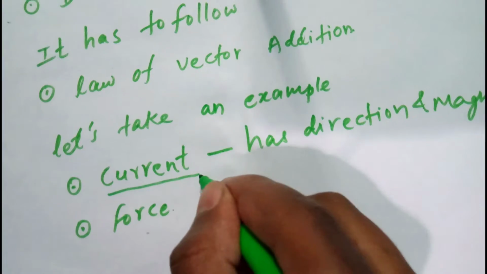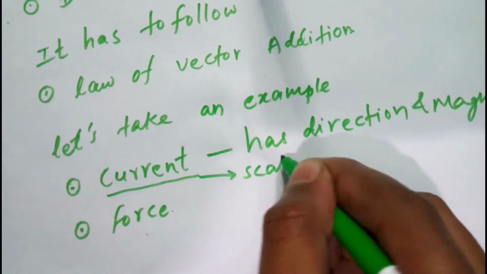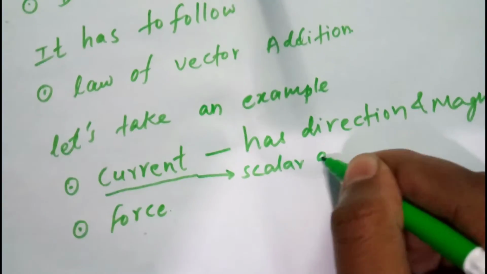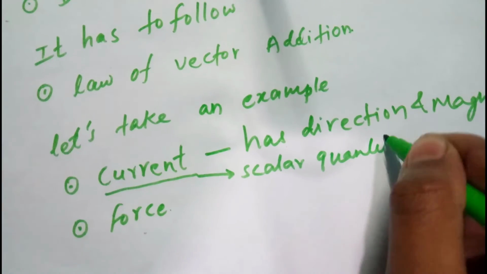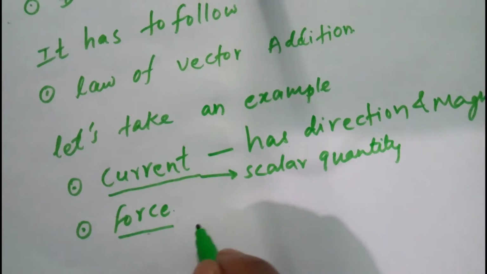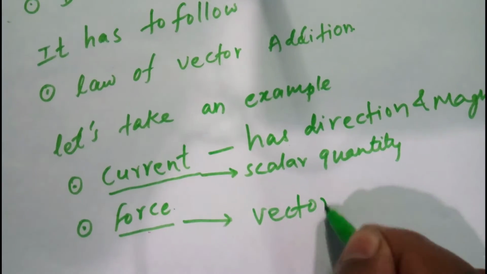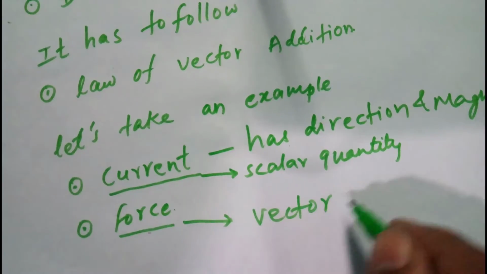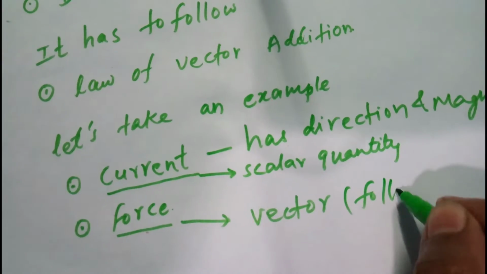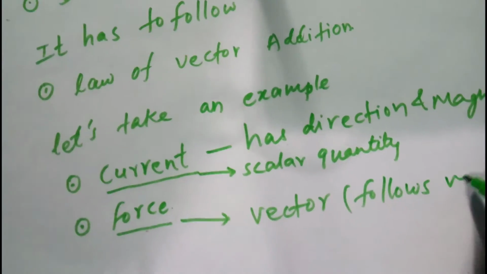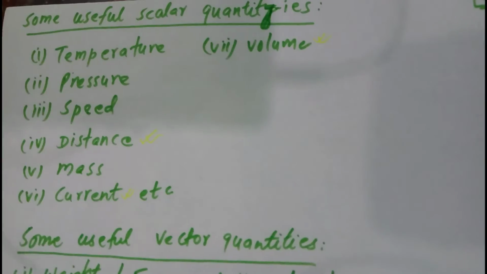Current is a scalar quantity. Force is a vector because it follows vector addition. Let's see some very useful scalar quantities.